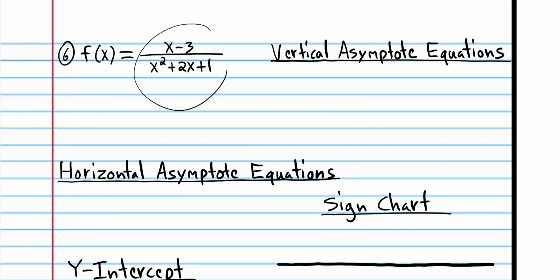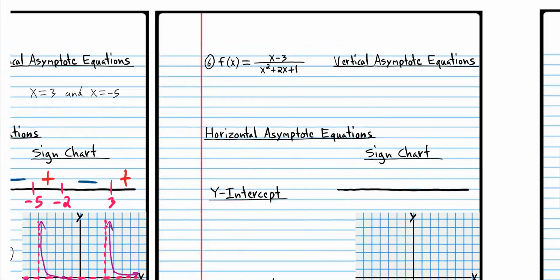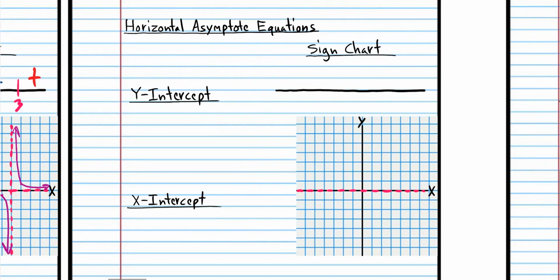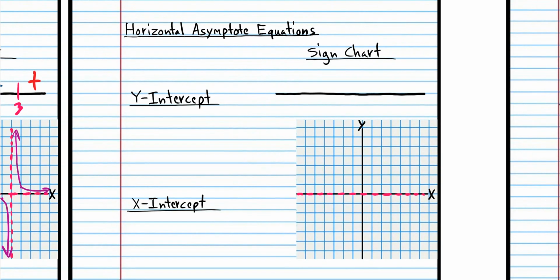This rational function is in proper form because the polynomial in the numerator has a degree that's less than the degree of the polynomial in the denominator. So remember, our theorem tells us that if the rational function is in proper form, we have a horizontal asymptote on the x-axis, and the equation is y is equal to 0.